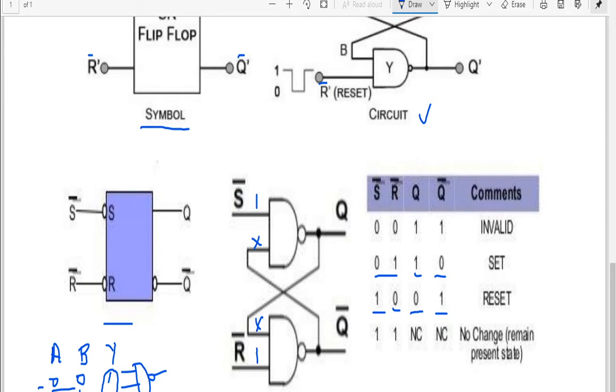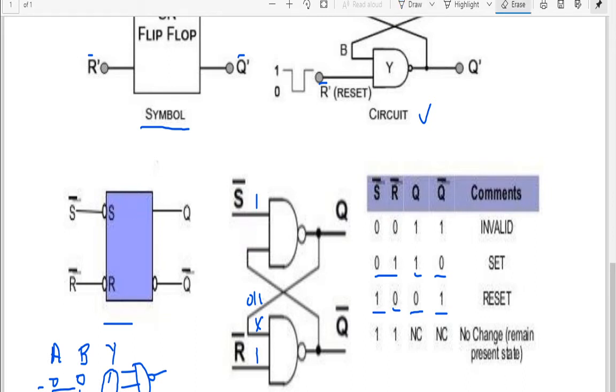Here you can see I have denoted it as X. Why? Because I don't know what the next input value is going to be, whether it is going to be 0 or 1. Similarly here, whether it is going to be 0 or 1. So we don't know exactly what the next input that the NAND gate is going to have.